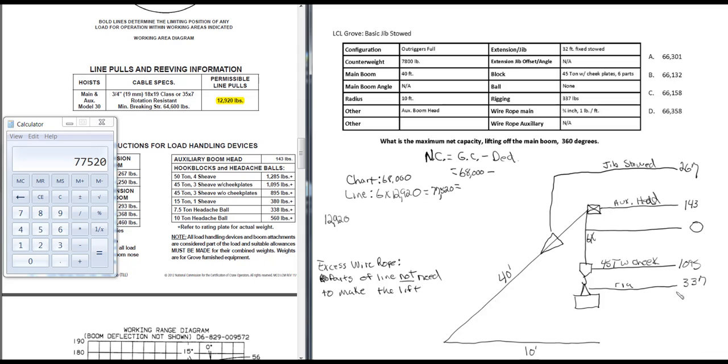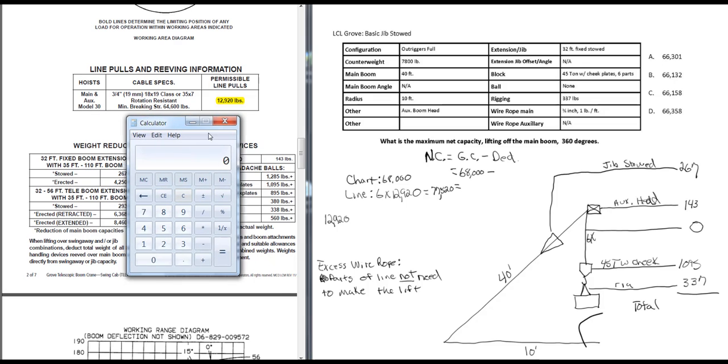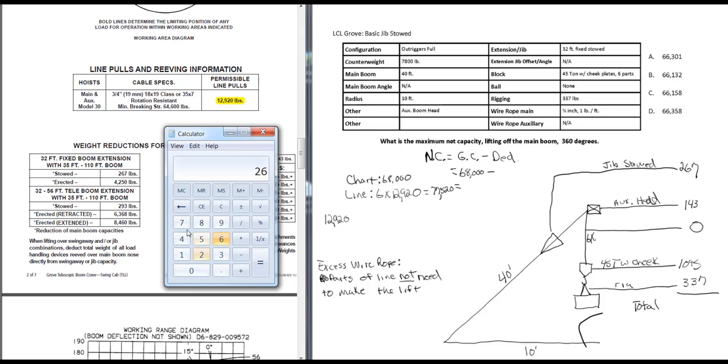Now let's total up our deductions. We've got 267 for the jib that's stowed, plus 143 for the auxiliary head, plus 1,095 for the 45-ton block with cheek plates, plus rigging, that is 337 pounds.